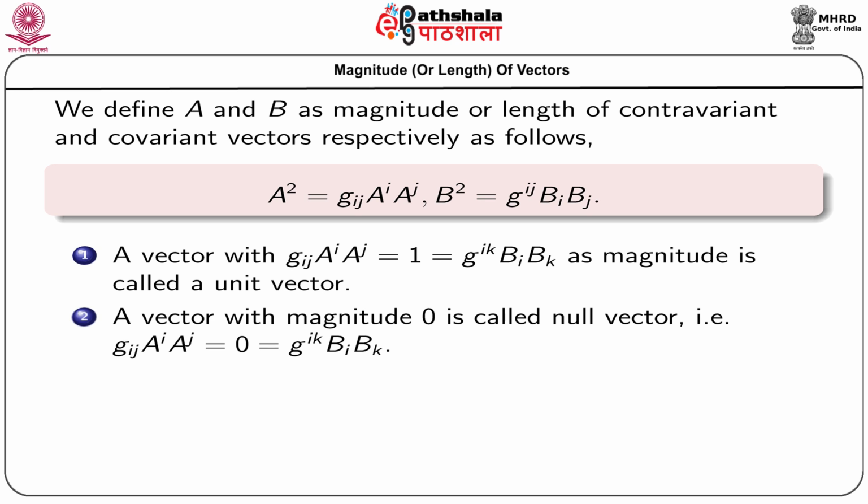A vector with magnitude 0 is called a null vector, that is Gij Ai Aj equals 0 and that is equal to G upper ik Bi Bk. So, for a null vector, its magnitude or length is 0.